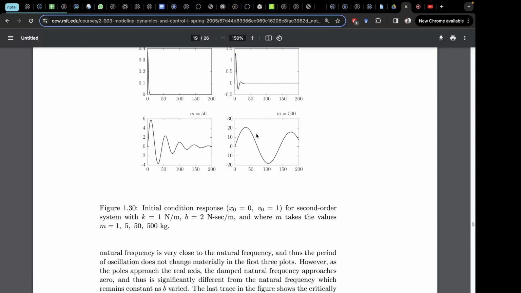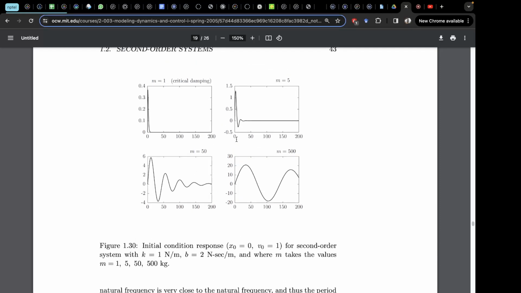And even though the damping ratio decreased, because b is equal to 1 by root m in this case, this frequency is still less than the frequency in the m equal to 50 case. So I think this one was a little bit more confusing than the other two.